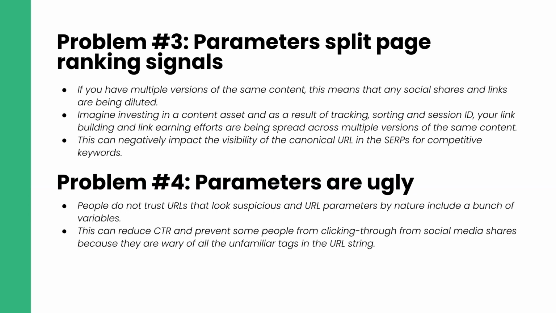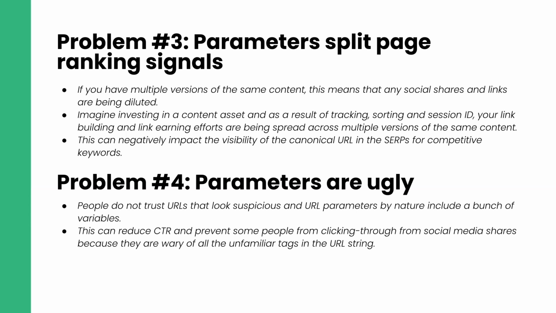Problem number 3 of URL parameters is that they split page ranking signals. And as SEOs, this is one of the things that we care a lot about, because if you have multiple versions of the same content, any social shares or social signals and links are essentially being distributed across them, and therefore they're being diluted.